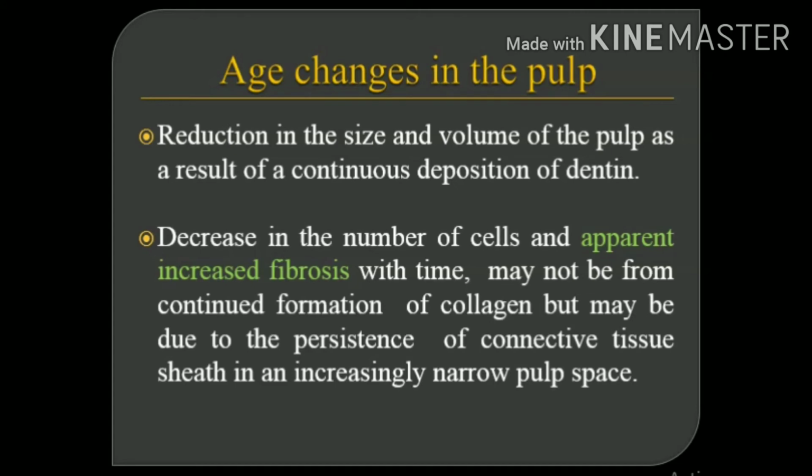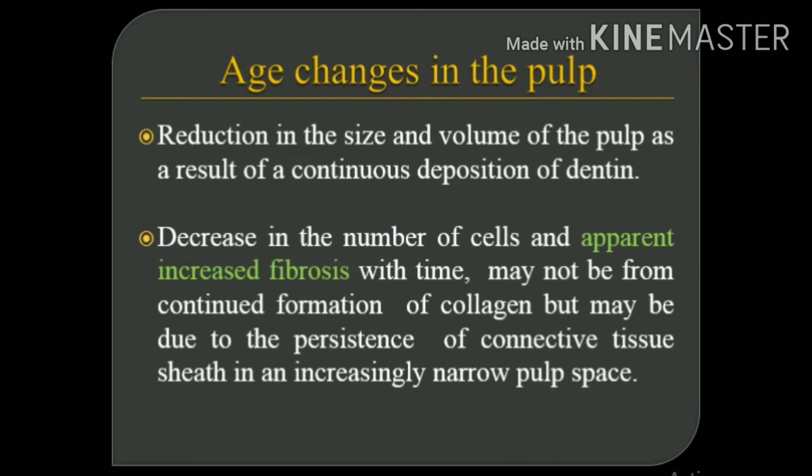There is a decrease in the number of cells and an apparent increased fibrosis with time, which may not be from continuous deposition of collagen, but may be due to the presence of connective tissue in an increasingly narrow pulp space. So there is increased fibrosis. No doubt continuous deposition of collagen is taking place, but there could be persistence of the connective tissue sheath.